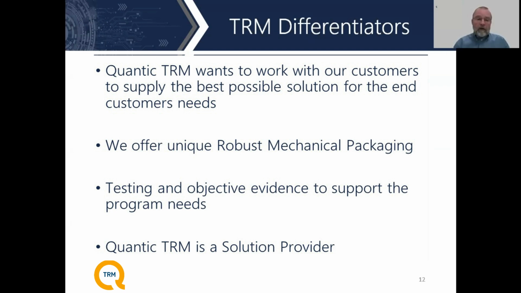We go through and make sure that all of the materials are selected to meet the final requirements. We use robust mechanical packaging to make sure that the part will survive the environment. And we supply all the objective evidence that the program requires to make sure that we guarantee that our part will function in the system as intended.